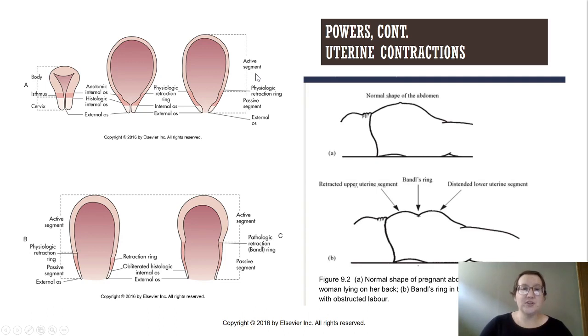The other portion that we need to talk about is this physiological ring that separates the upper and the lower uterine segment, called the Bandl's ring. You have a couple of different diagrams here, but if you look at it over on the right side, you're able to see during this contraction that if we have an issue with this Bandl's ring, then we're not going to be able to have a successful delivery.